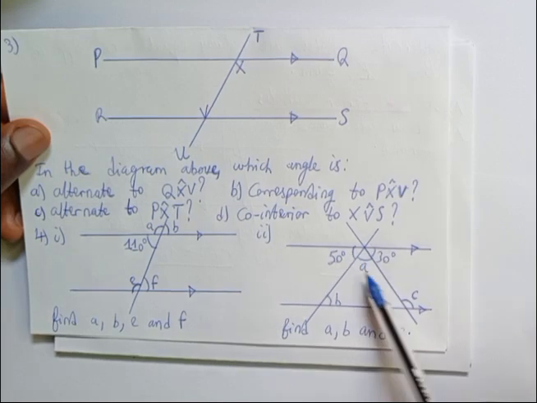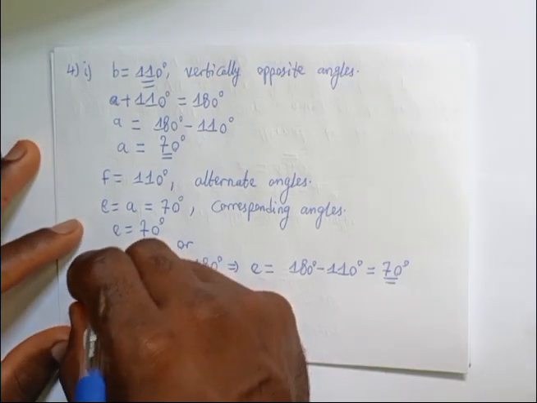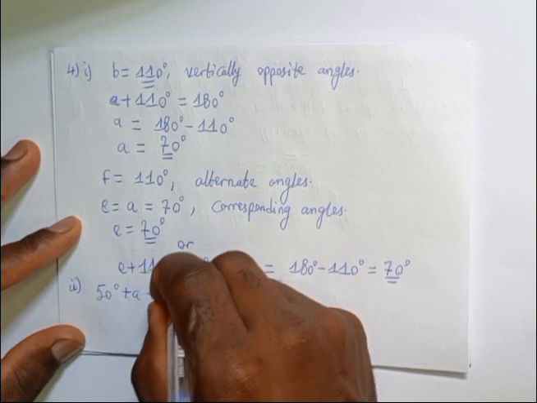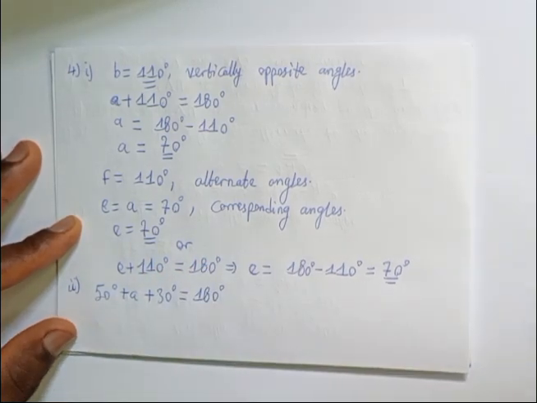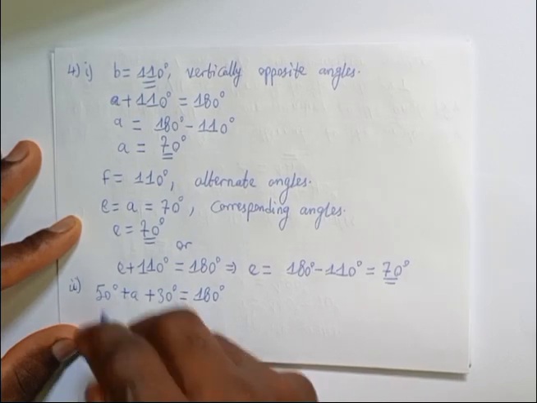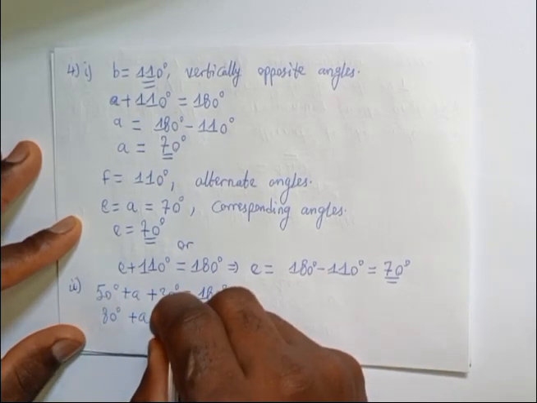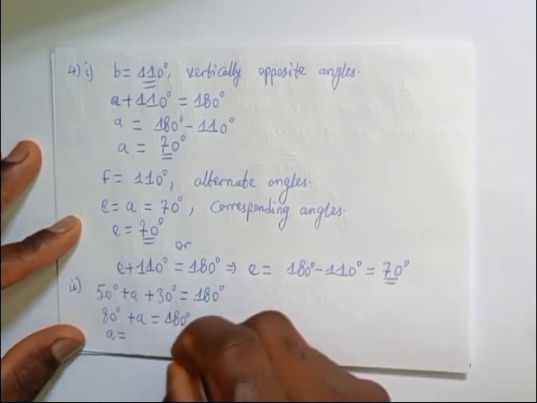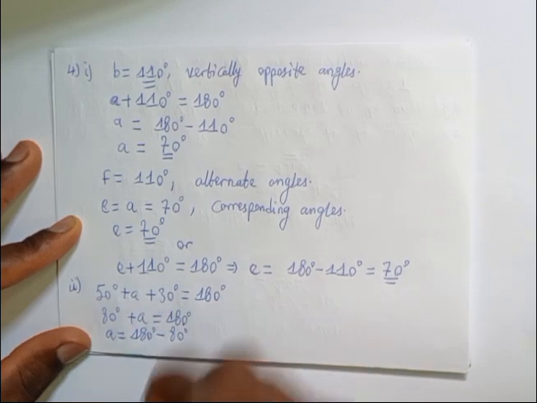That means 50 degrees plus A plus 30 degrees should be equal to 180 degrees. 50 degrees plus 30 degrees gives us 80 degrees plus A is equal to 180 degrees. A will simply be equal to 180 degrees minus 80 degrees.